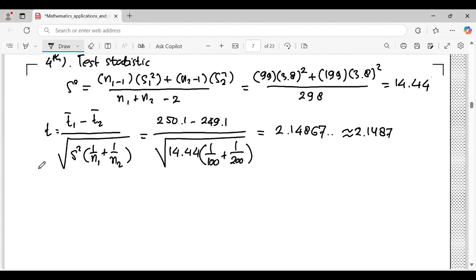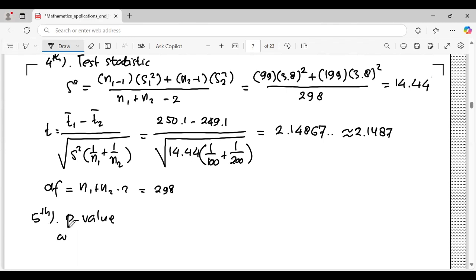And after that, degrees of freedom. The degrees of freedom is n1 plus n2 minus 2, that is 298. And the next step, the fifth step, find the p value.